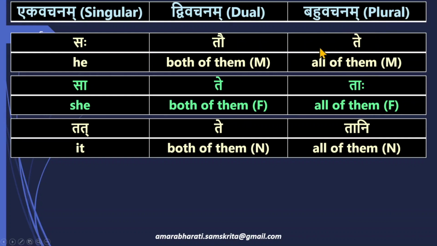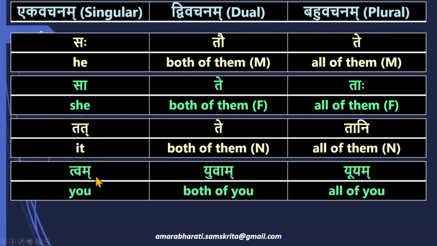So we have to interpret the meaning of this word te according to context, depending on the verb and also the context of that sentence. If the verb is plural, then it means bahuvachanam in masculine. If the verb is dual, means dvivachana verb usage, then it can be either feminine or neuter.